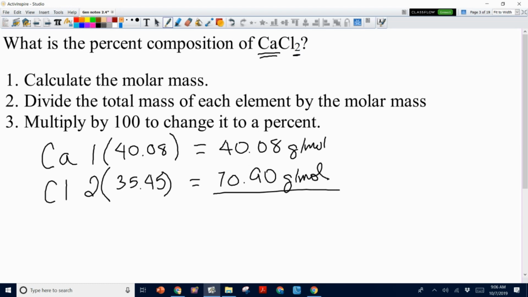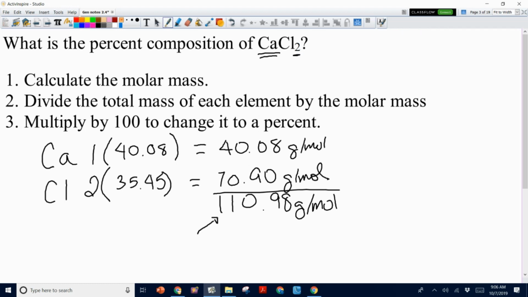All right, so we add those up, and that gives us 110.98 grams per mole. So that's our total. This is our whole.